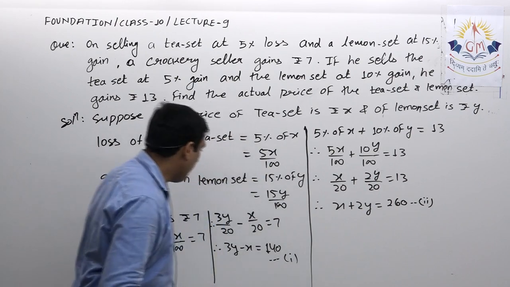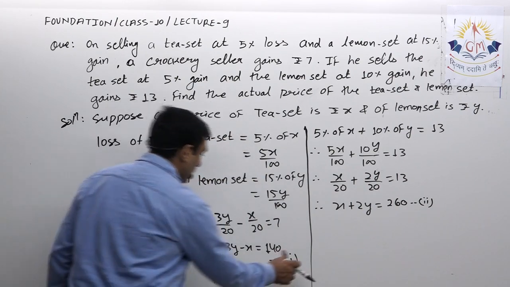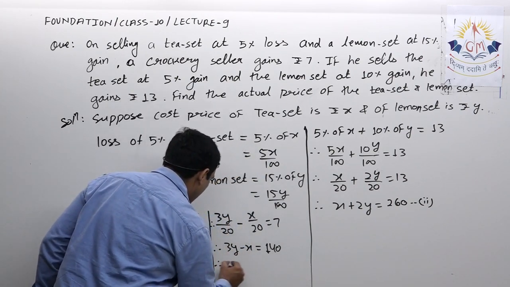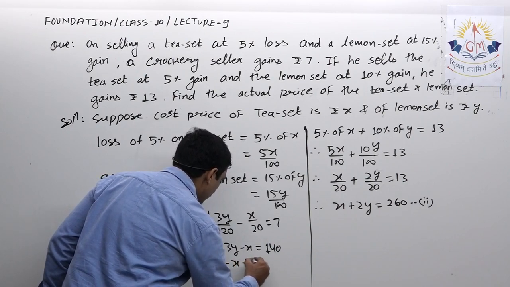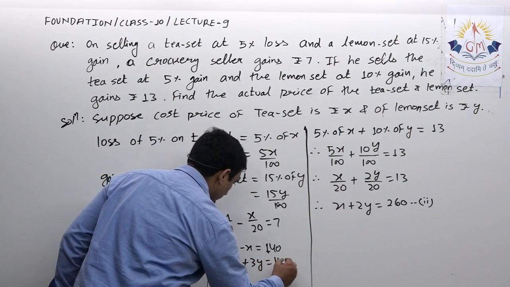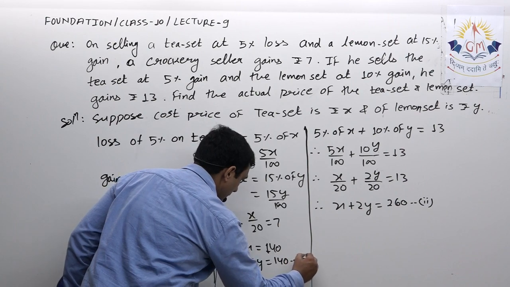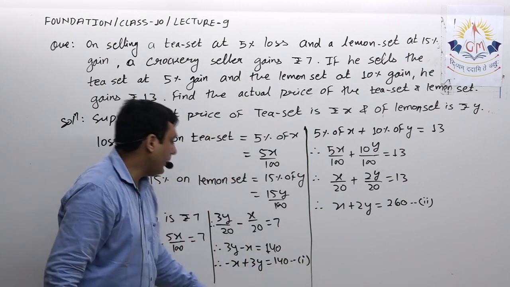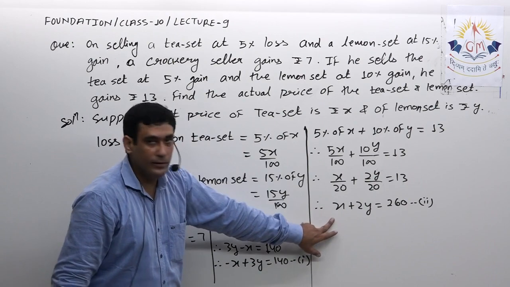Now just by solving these two, see, this is equation 1. If I rewrite this, I can write this as minus x plus 3y is equal to 140. This is equation number 1. Now why I wrote this? Because here it is minus x, here it is plus x.